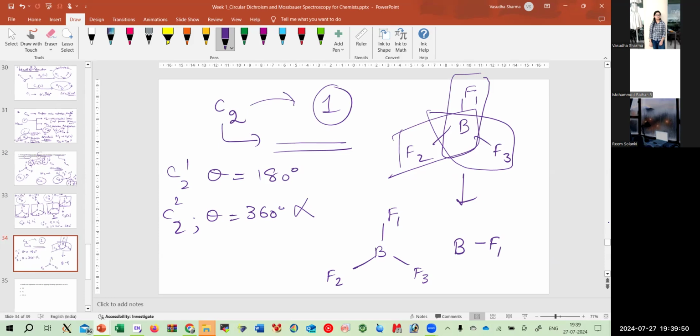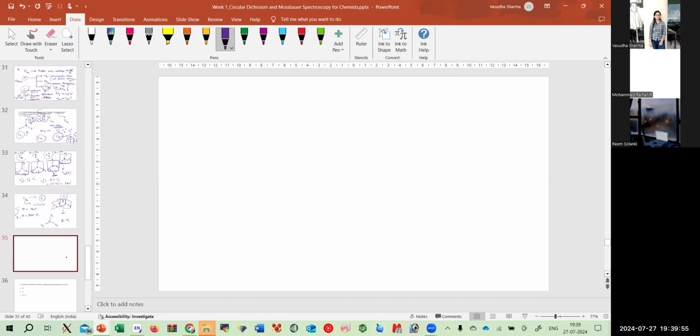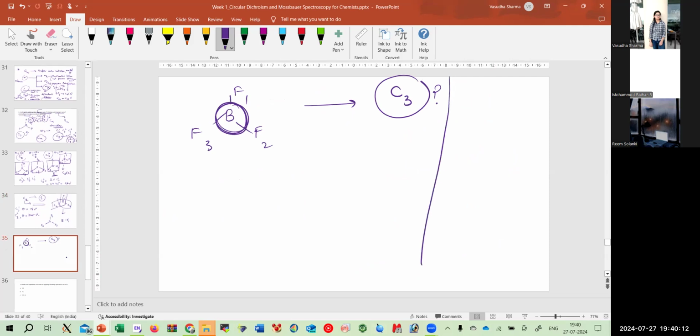Yes, ma'am. Okay. Now another question along this line. We said BF3 was there, with 1, 2, and 3. Firstly, you answer me how many C3s can exist. C3 is passing through boron and rotating by 120. I'm not talking about the operation, I'm just asking how many C3s can exist.